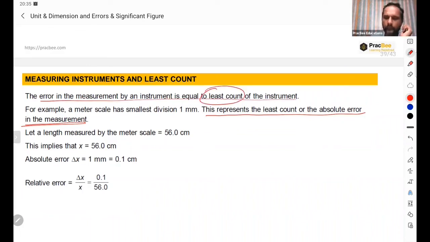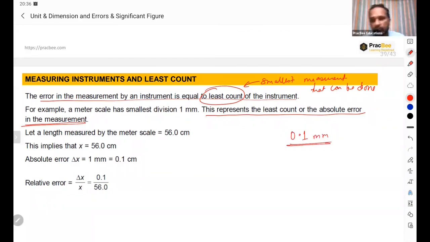What do we mean by least count? Least count is the smallest measurement that can be done. You have a ruler in your home. If you look at that ruler, what is the smallest measurement that you can take using it? 0.1 millimeter is the smallest measurement that you can take.